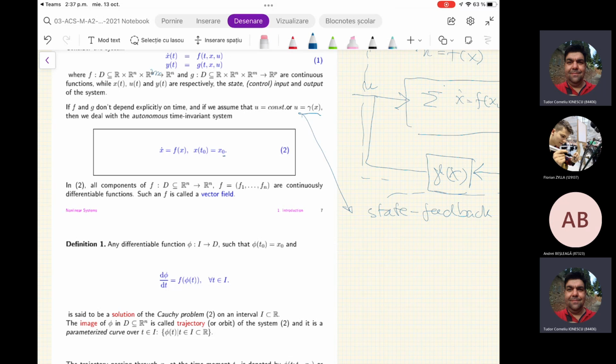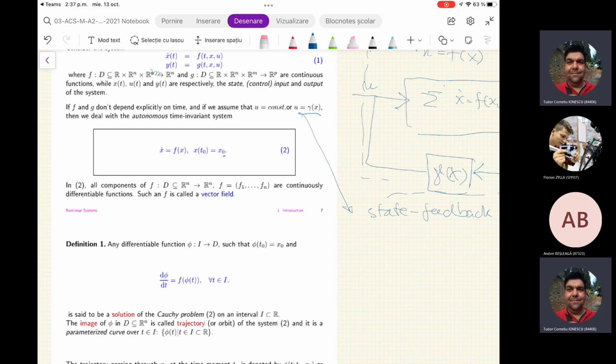The Cauchy problem is the problem of finding a solution of the differential equation under specific initial conditions on the interval I, which is a subset of R. The image of the solution phi in the domain D subset of Rn is called the trajectory or the orbit of system 2, and it's a parametrized curve in time.